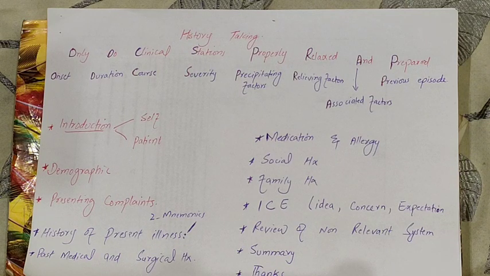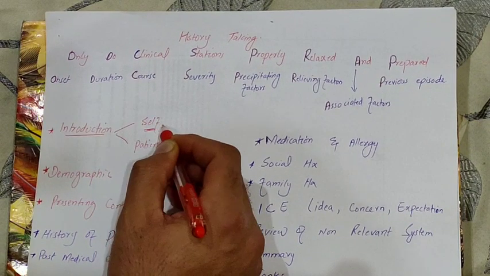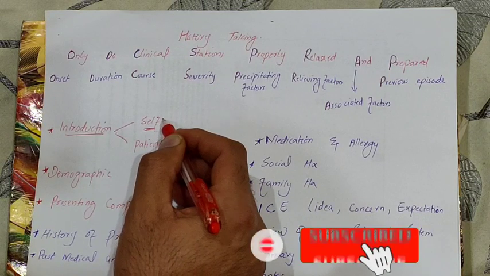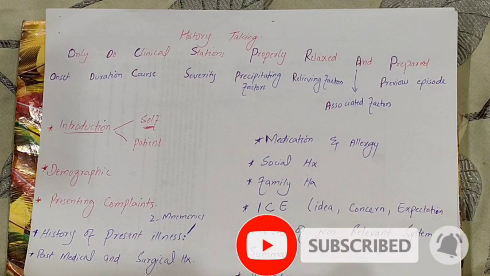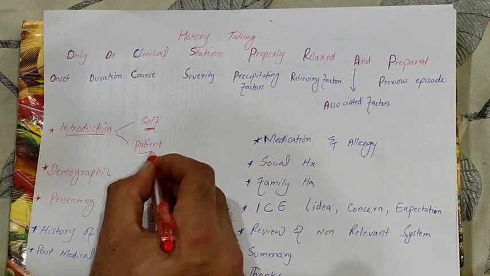Just in simple words: I'm Dr. Sanaullah Khan, I'm one of the resident surgeons, and can I confirm your name and age please? I have written it here, the introduction of yourself. So my introduction was in two very simple sentences.